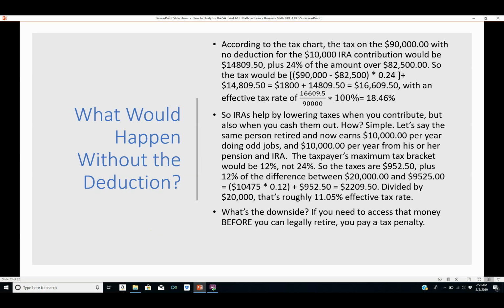So according to the tax chart, the tax on the $90,000 with no deduction for the $10,000 IRA would be $14,809.50 plus 24% of the amount over $82,500.